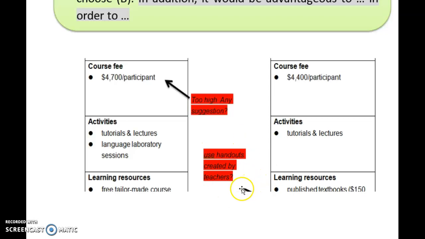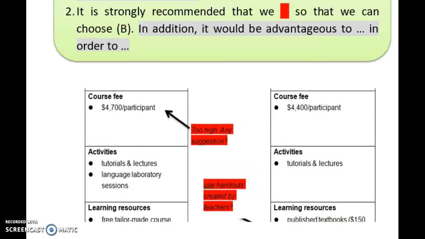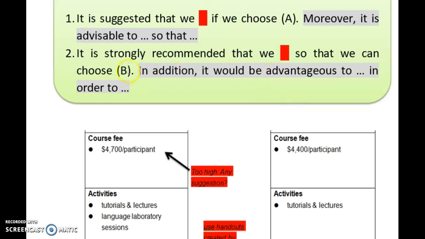It's given. Use handouts created by teachers. So you say, it's strongly recommended that we use handouts created by teachers so that we can choose B. Okay, so it's quite straightforward. You just need to mention the recommendation of each choice and put it here.